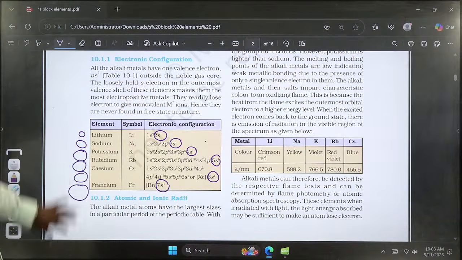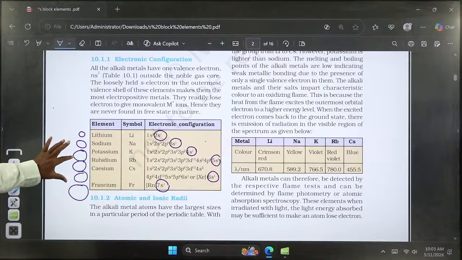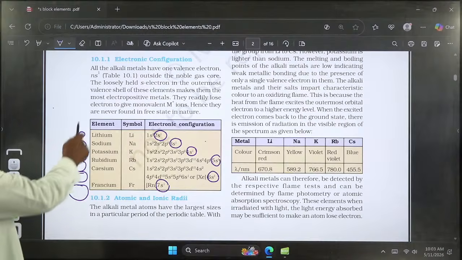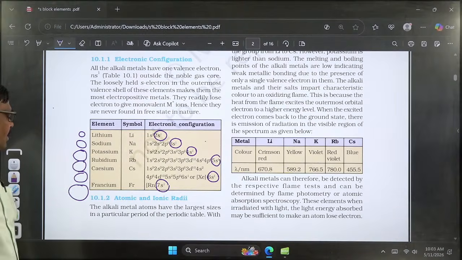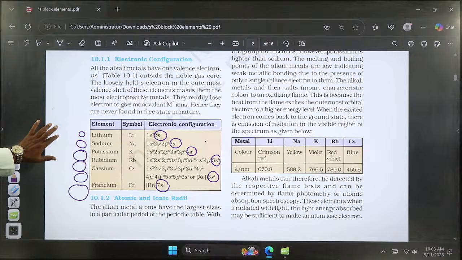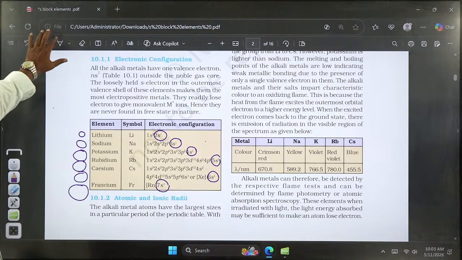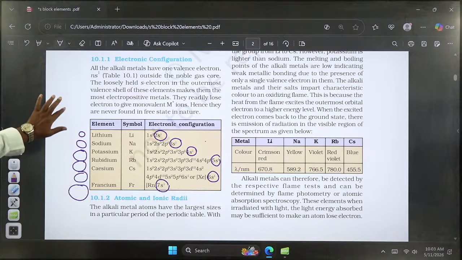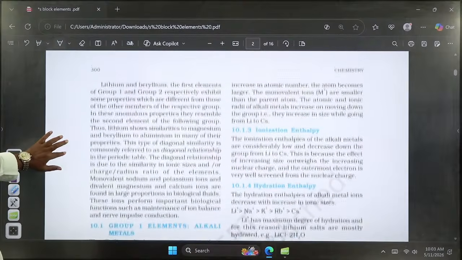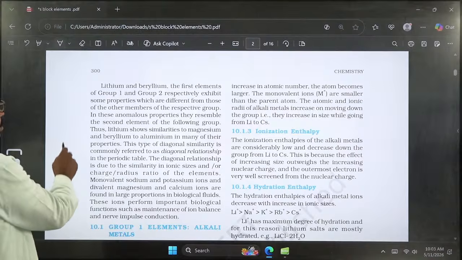Gradually the outermost shell radius increases, that's why atomic radius increases. From lithium to francium, there is a gradual increase in size. Actually, our discussion always goes up to non-radioactive elements, that means up to cesium. So here the atomic radius gradually increases.